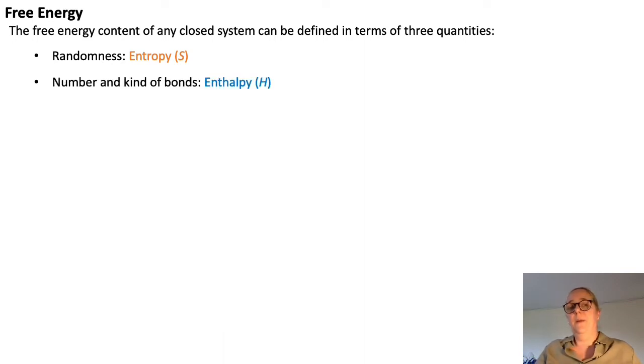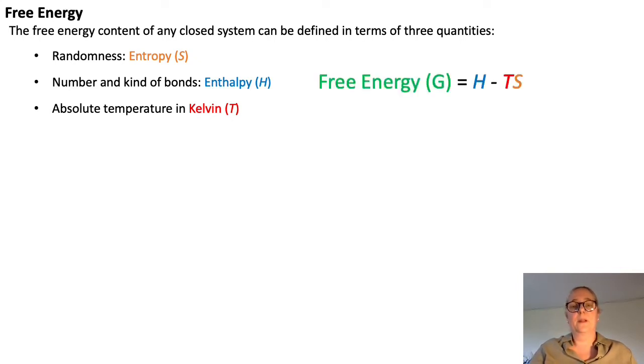Then we have the number and kinds of bonds, known as enthalpy. And then we also have absolute temperature in Kelvin. This is known as Gibbs free energy. So Gibbs free energy equals enthalpy minus absolute temperature in Kelvin times entropy.